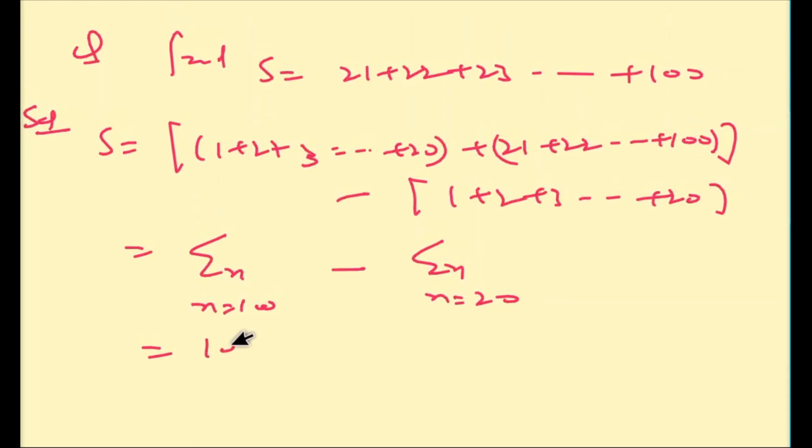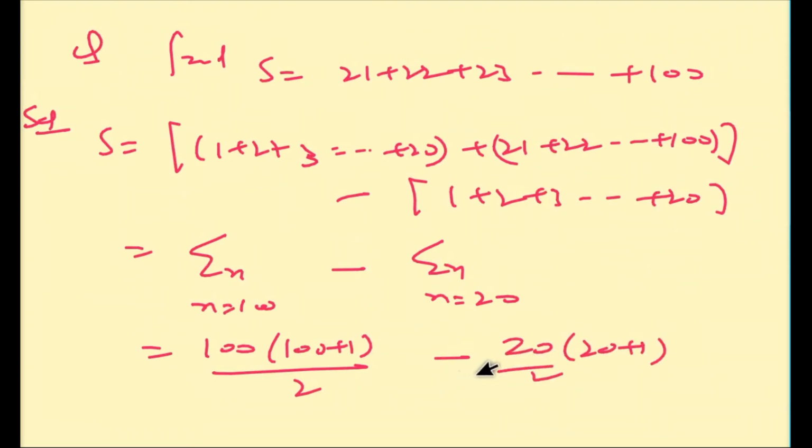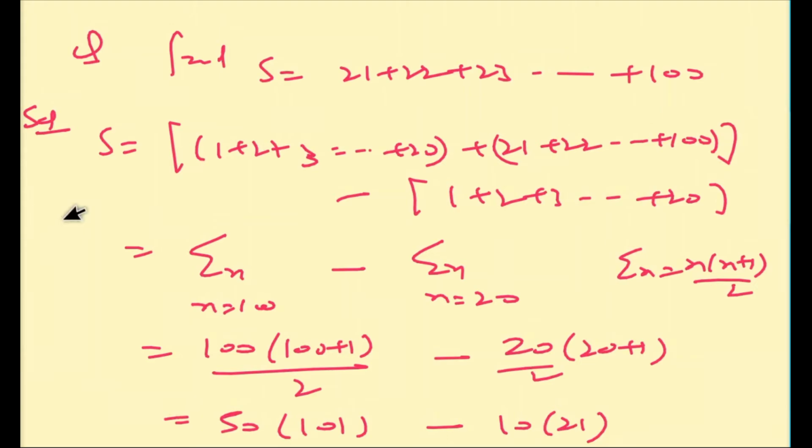So we use the formula 100 into (100 plus 1) upon 2 minus 20 into (20 plus 1) upon 2, isn't it? The formula is the same, sigma n equal to n (n plus 1) upon 2. When you use this formula, the sum will always be from 1 to last. Okay, so we can easily solve this: 5050 minus 210. So this way you can find the answer.